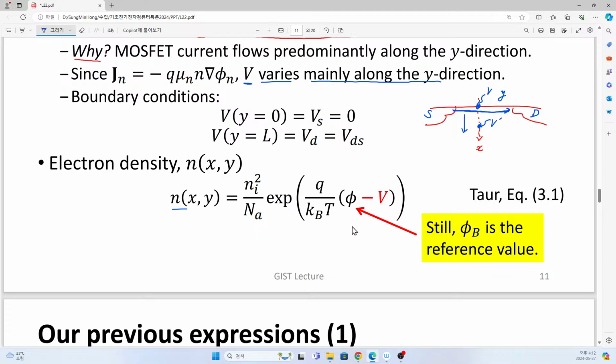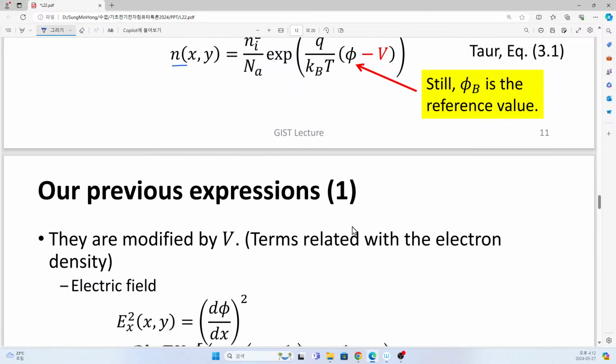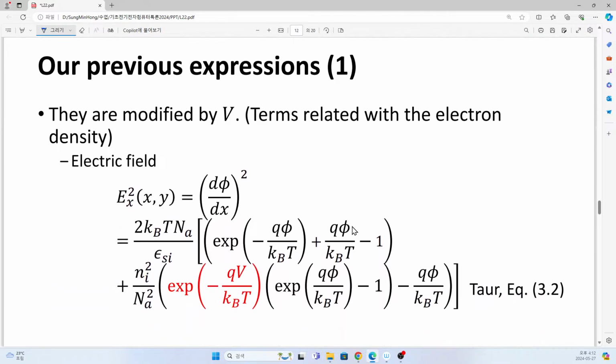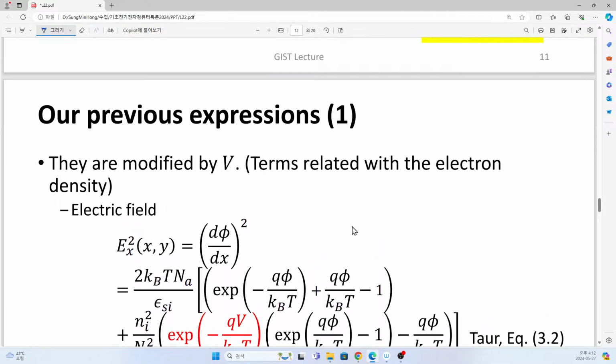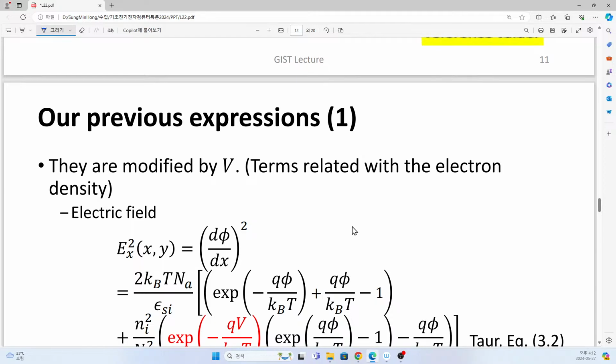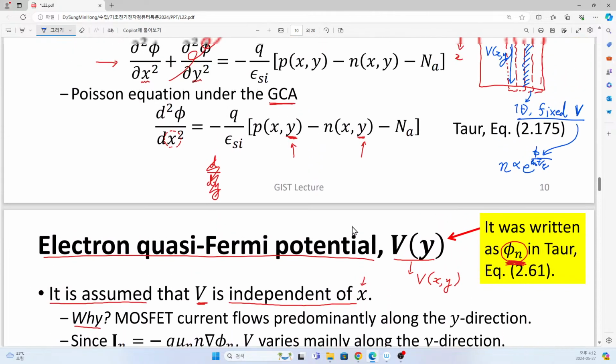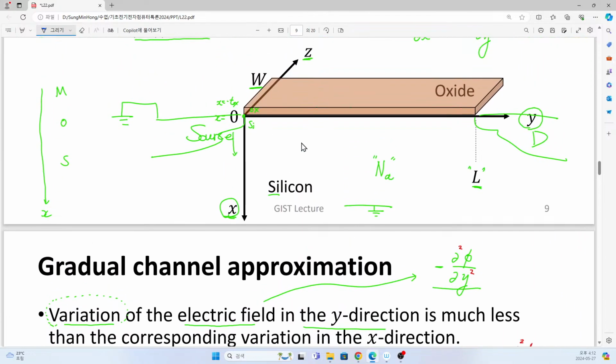Then now we can recover many of our previous expressions. So please note that we are now talking about the electron quasi-Fermi potential. In the case of hole density, it is not given by the electron quasi-Fermi potential. It is given by the hole quasi-Fermi potential, but in this system, our substrate is just grounded.